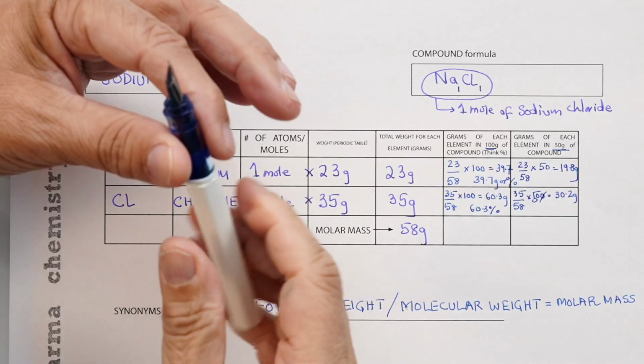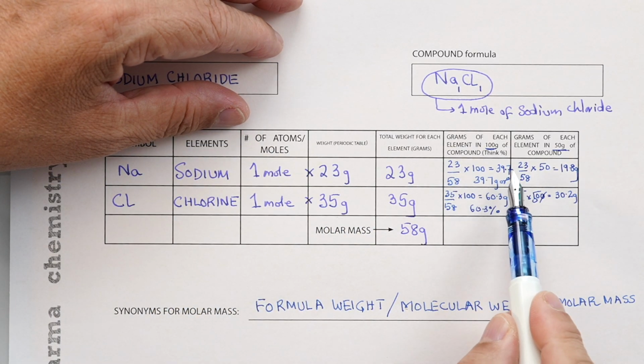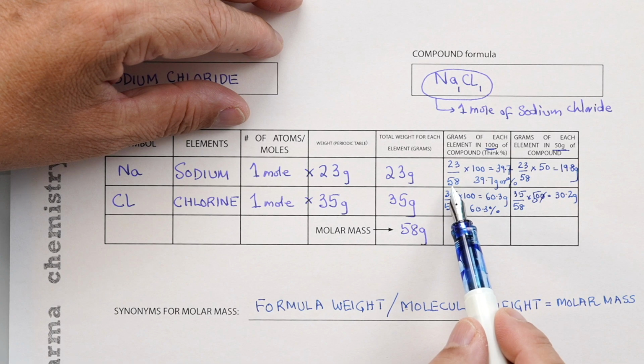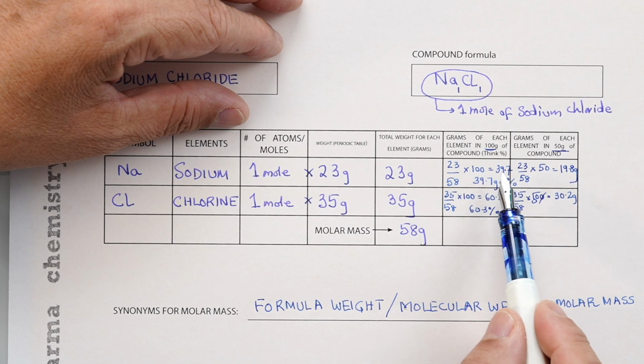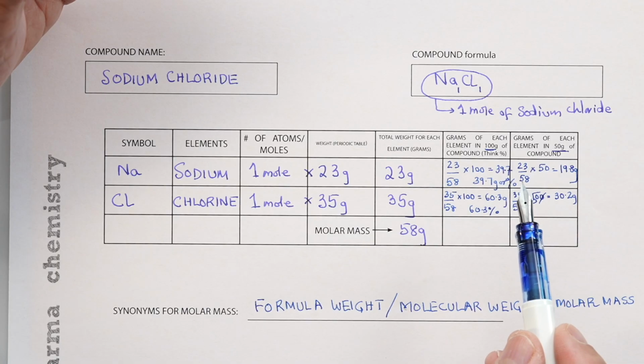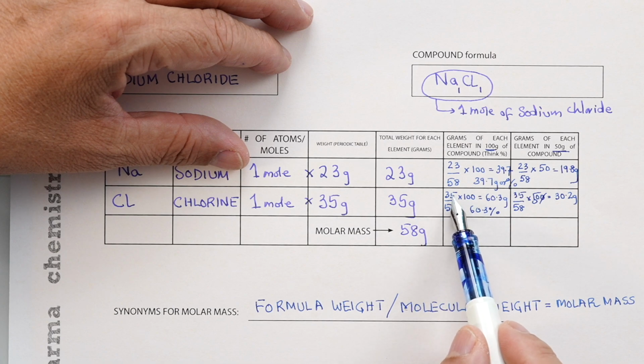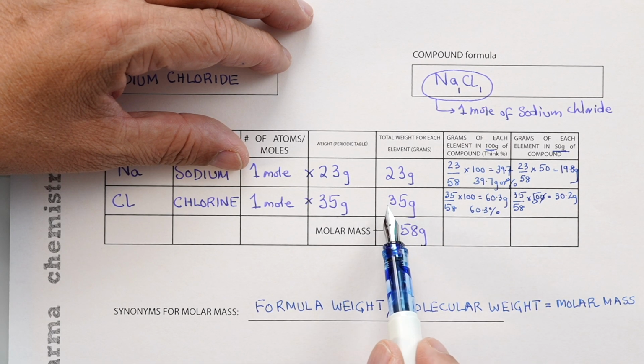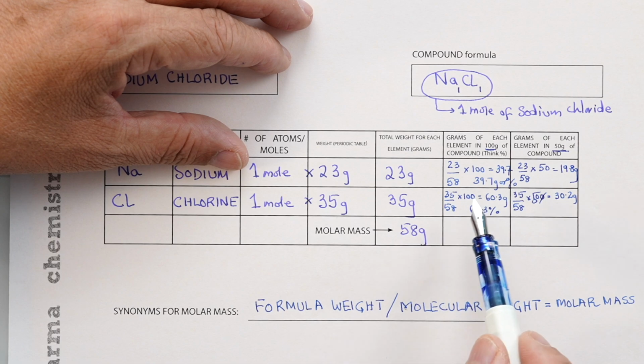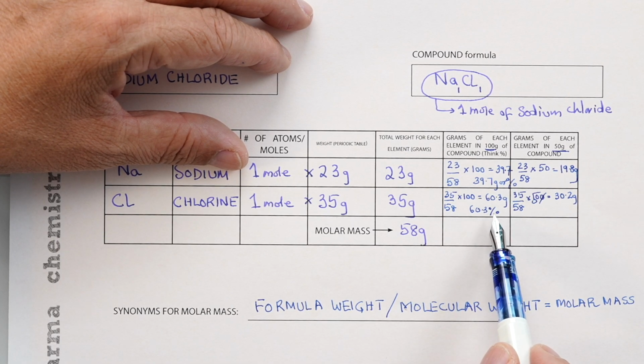We then calculated the percentage of sodium and chlorine in that 58 grams. So the percentage of sodium, based on this calculation right here, is 23 divided by 58, and you multiply that by 100, you end up with approximately 39.7% sodium. You kind of repeat the same process, but this time with chlorine. 35 divided by 58, so this weight divided by 58 multiplied by 100 gives you 60.3%.